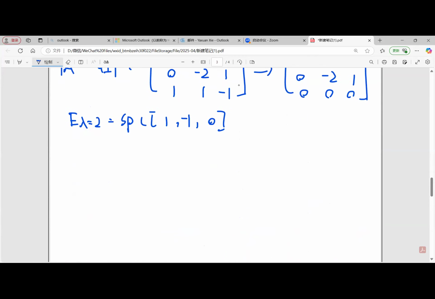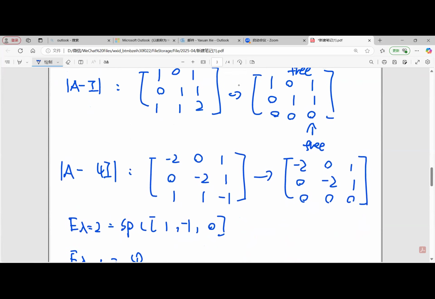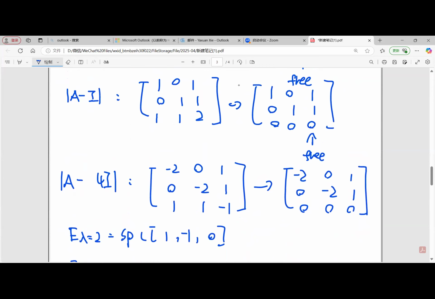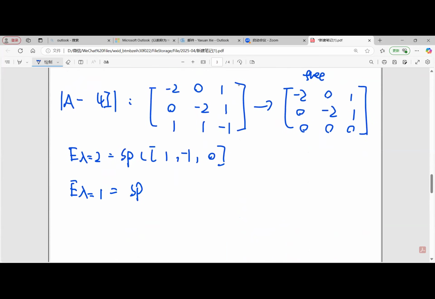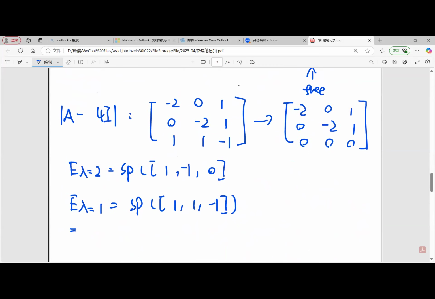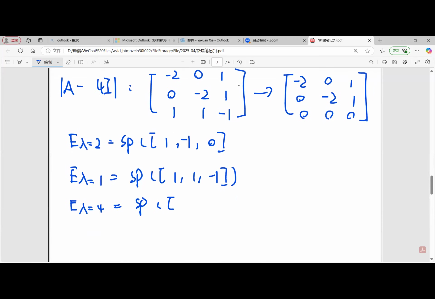That's pretty easy, and we'll just do the similar thing for the other two eigenvalues. And for eigenvalue 1, we'll get, and for eigenvalue 4 we get 1, 1, 2.